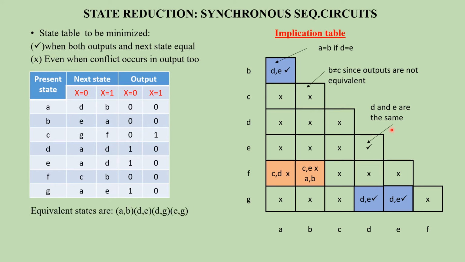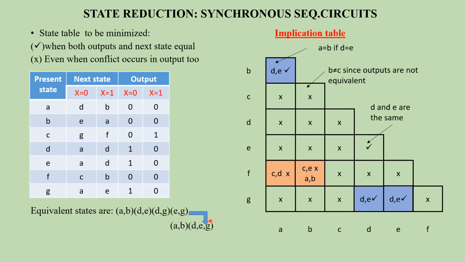So what are the equivalent states from this implication table? A and B because of D and E, right? Here D and G is also becoming an equivalent state and E and G is also becoming an equivalent state because of this DE. That is the implied state, right?